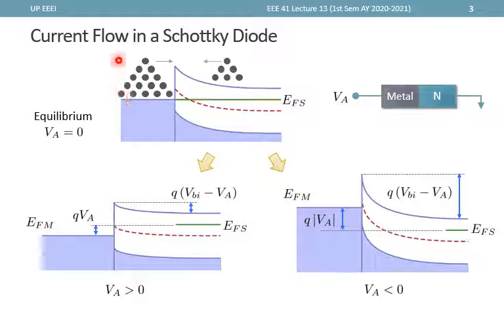From the metal side, some electrons are able to cross the Schottky barrier, and there are also some electrons that are able to cross the barrier from the semiconductor to the metal, and these two currents must be exactly equal to reach thermal equilibrium. Now let's see how this bending affects the flow of electrons within the device.